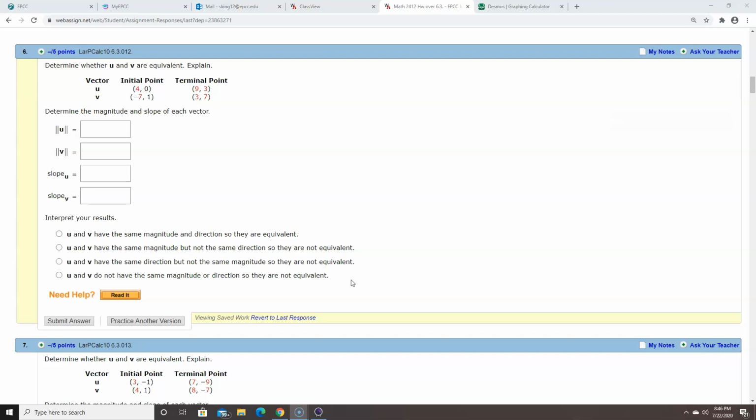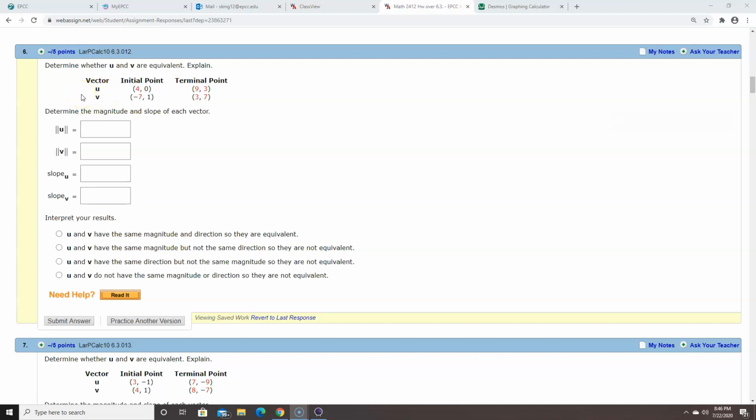So they give us two vectors, even though we don't know what a vector may be yet. They like to use letters U and V. I can understand V, vector. They pick letters close by in the alphabet.